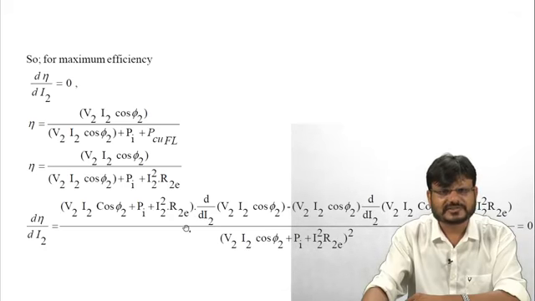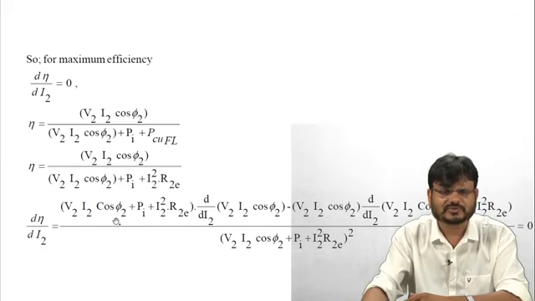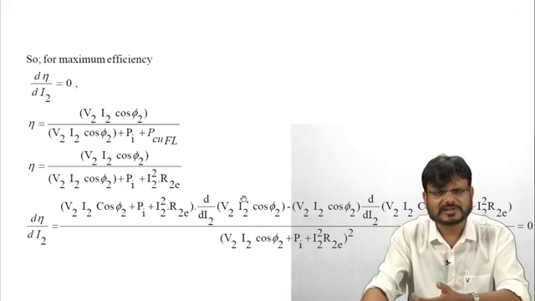So you write this quantity, V2 I2 cos phi 2 plus Pi plus I2 square R2e, multiplied by the differentiation of the numerator, minus the numerator multiplied by the differentiation of the denominator. What will be the output if you differentiate this? It will be V2 I2 cos phi 2 plus Pi plus I2 square R2e multiplied by V2 cos phi 2, because V2 and cos phi 2 are constants. What is the variable part? I2. So differentiation of I2 with respect to I2 is what?